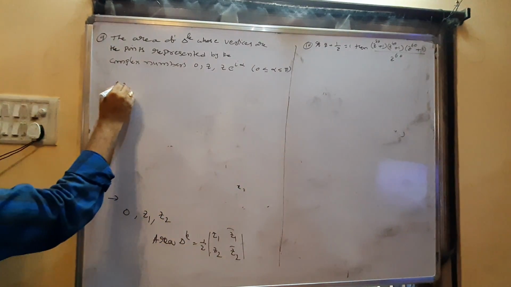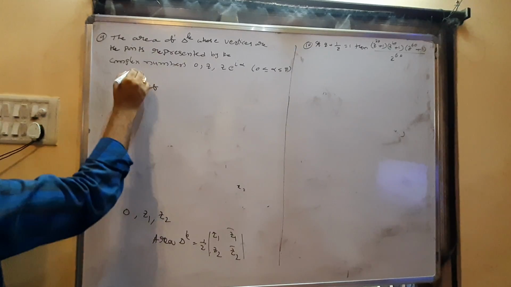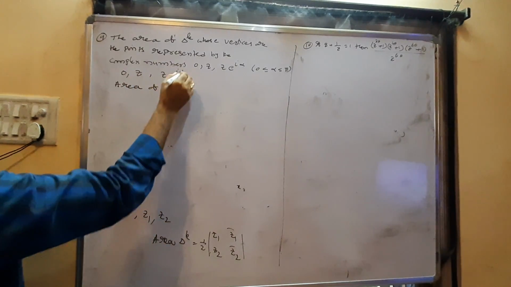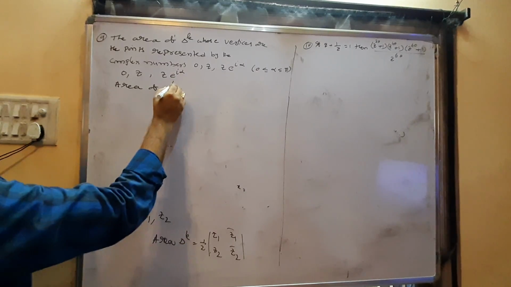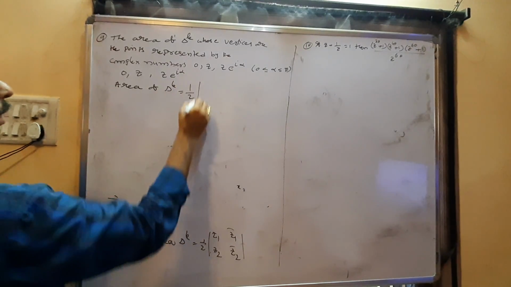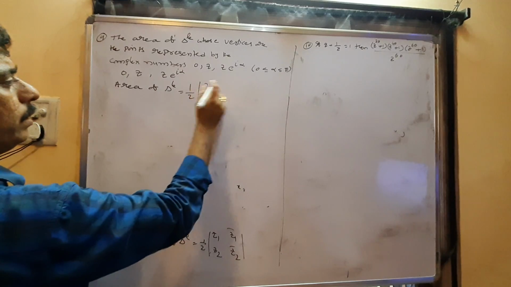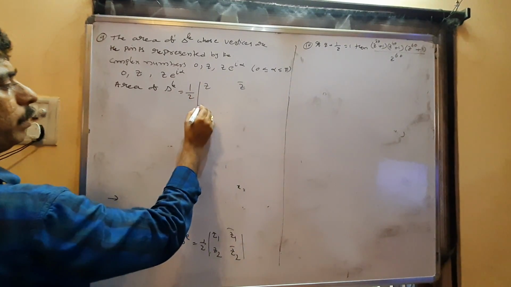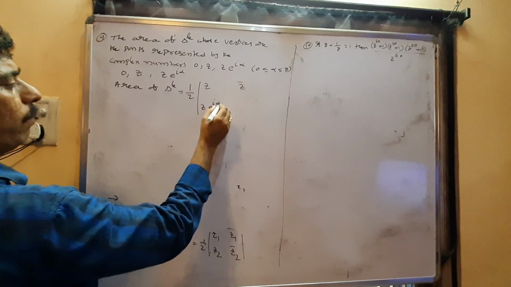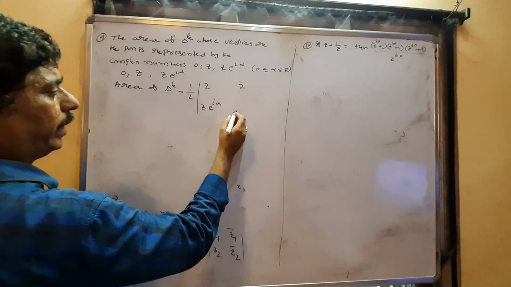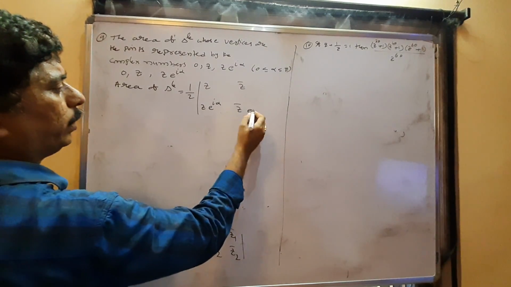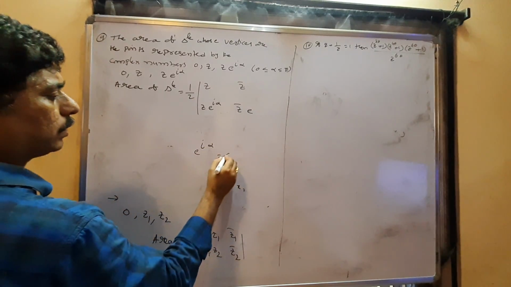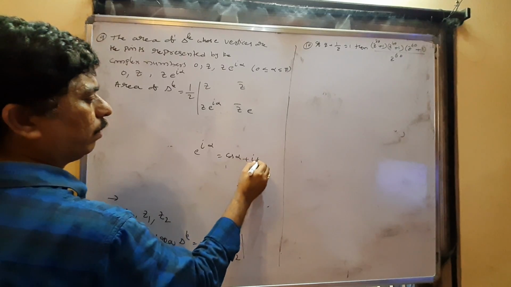Area of triangle with vertices 0, z, and z e^(iα) equals 1/2 times the determinant of z, z conjugate, and the second complex number z e^(iα), whose conjugate is z conjugate times e^(-iα). e^(iα) means cos α plus i sin α.